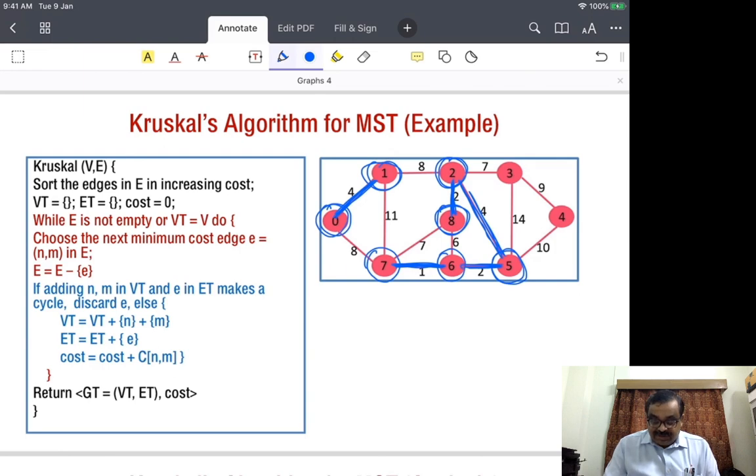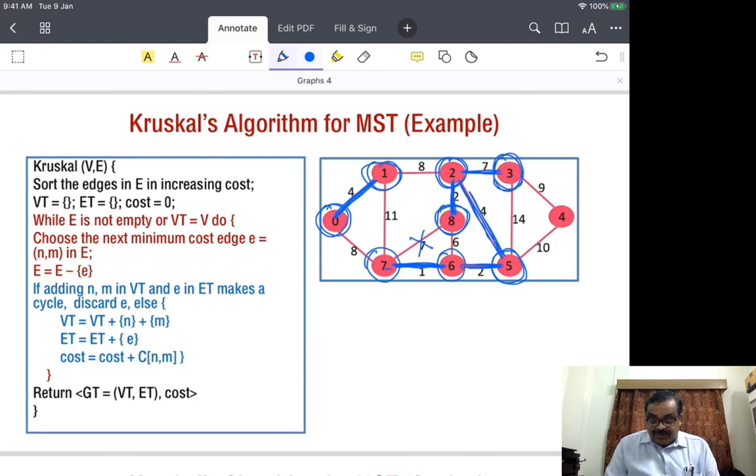This was a disjoint subtree, this was a disjoint subtree, I have connected these two. Now the next minimum cost edge is of cost 7. I could choose this one, but then I will form a cycle like this. So this edge cannot be chosen, it is discarded. Now I choose this edge.